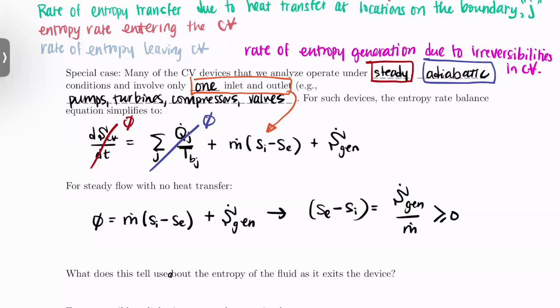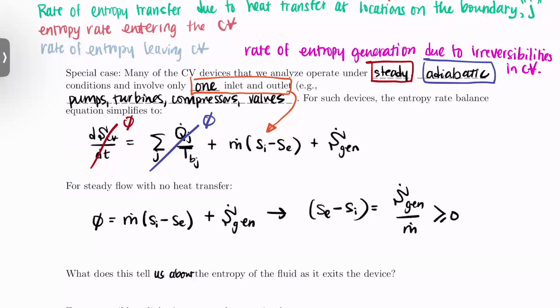Okay, so what does this expression tell us about the entropy of the fluid as it exits the device? Any ideas? So our entropy of our fluid as it's leaving is s_e.